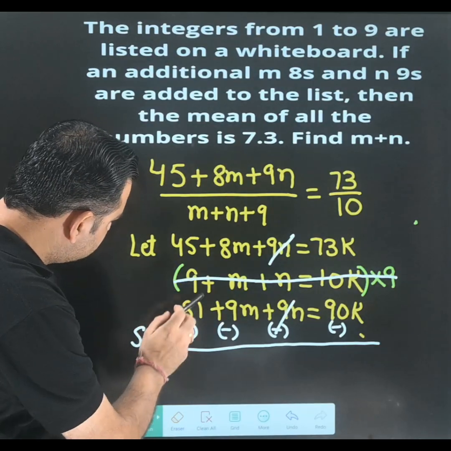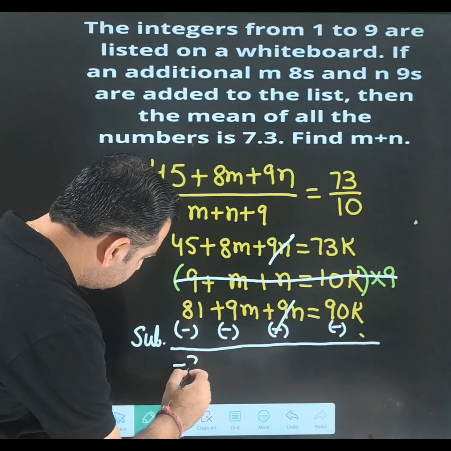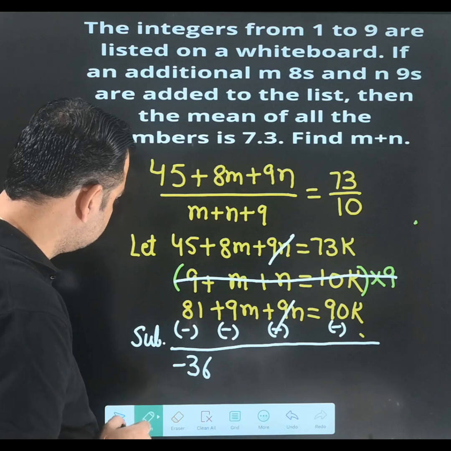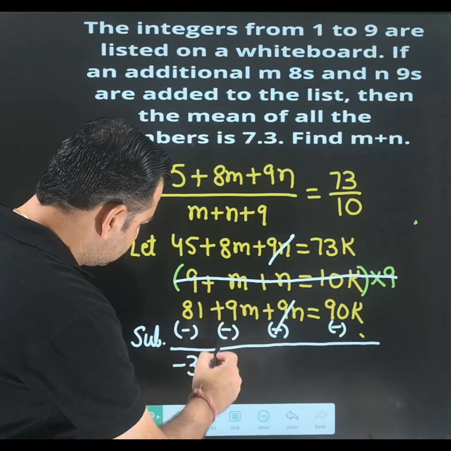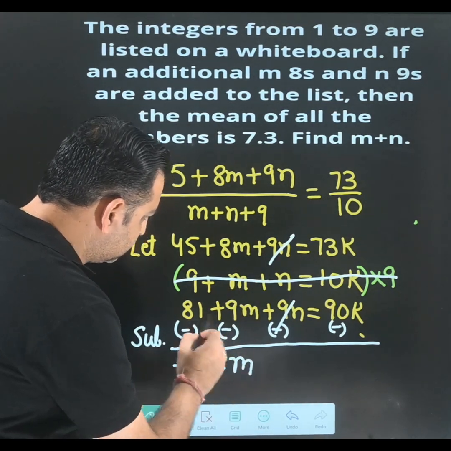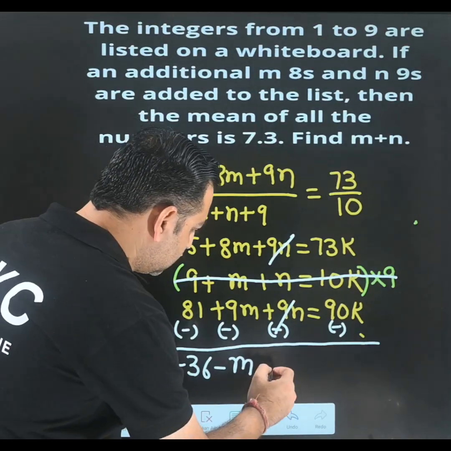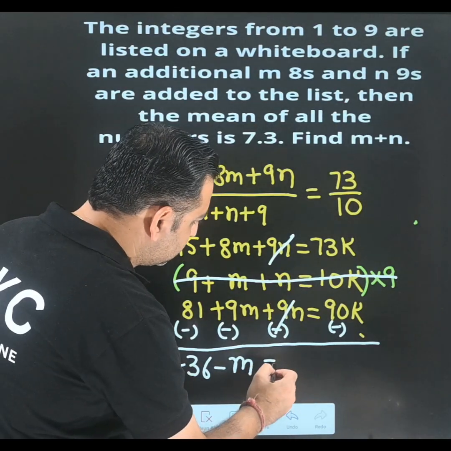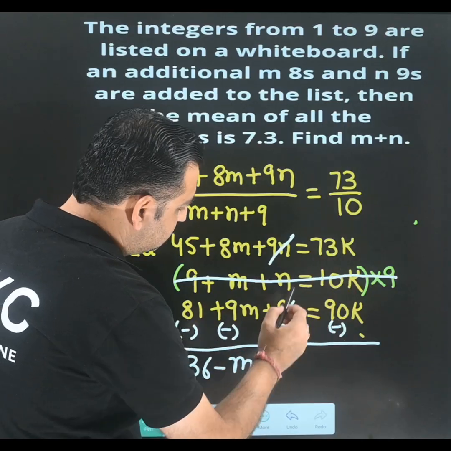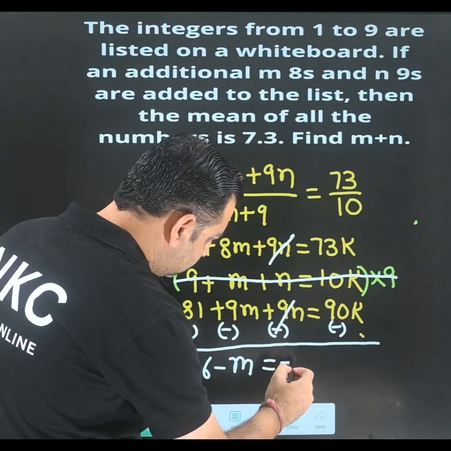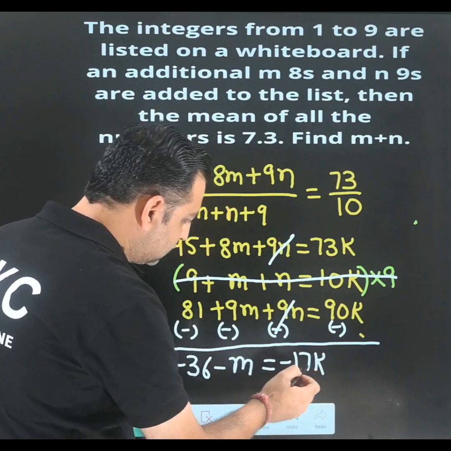And 45 minus 81, this is minus 36. 8m minus 9m is minus m, and obviously n is already cancelled. 73k minus 90k is minus 17k.